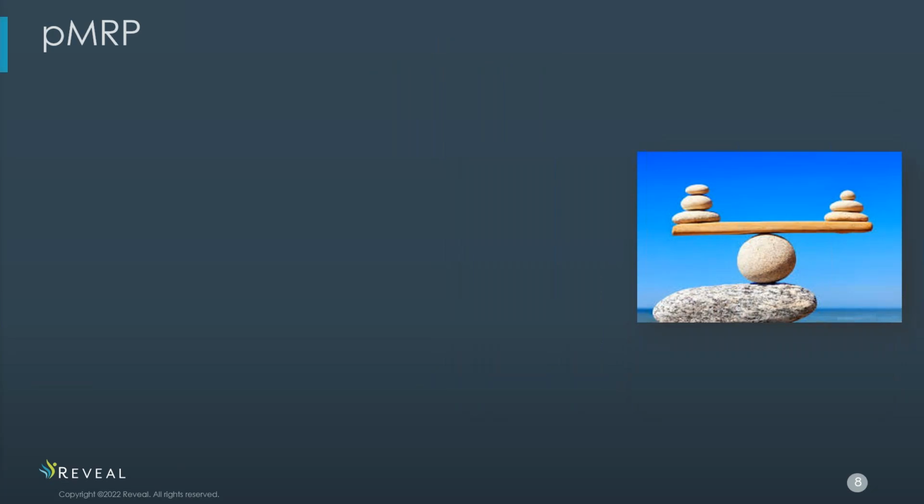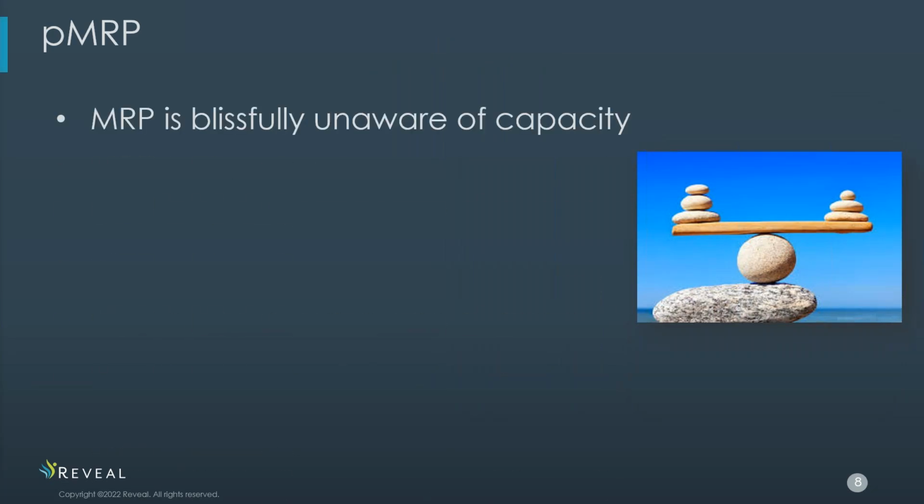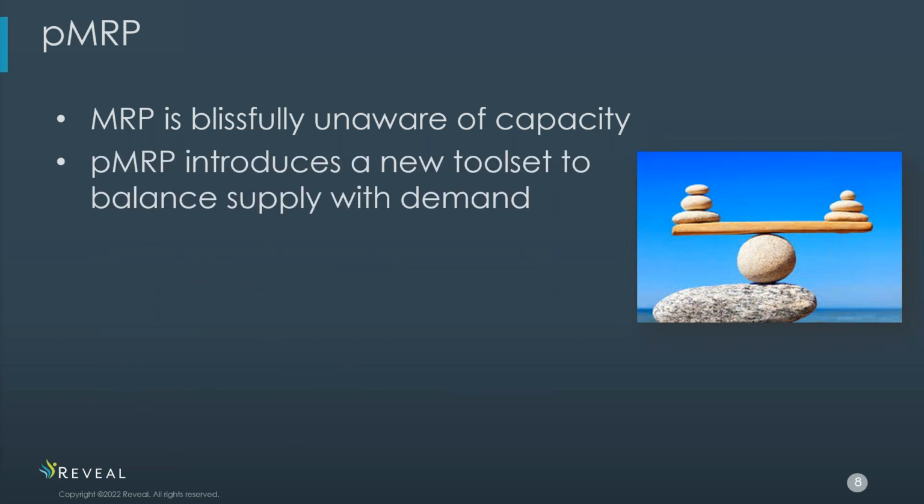Here's another one that's a game changer for us, PMRP. So we know that MRP, Material Requirements Planning, is blissfully unaware of capacity. So this is really next gen. We now have PMRP, which is Predictive Material and Resource Planning.